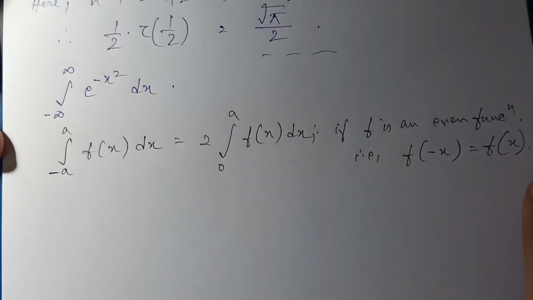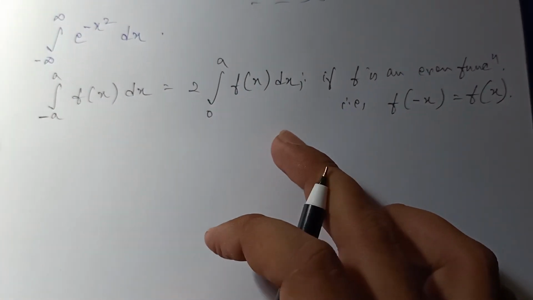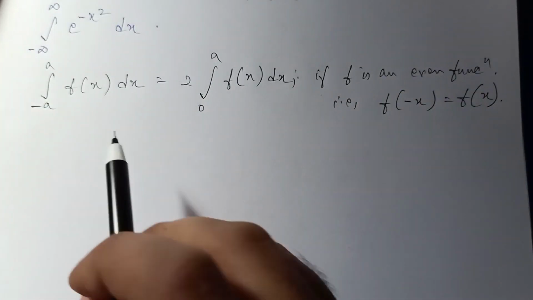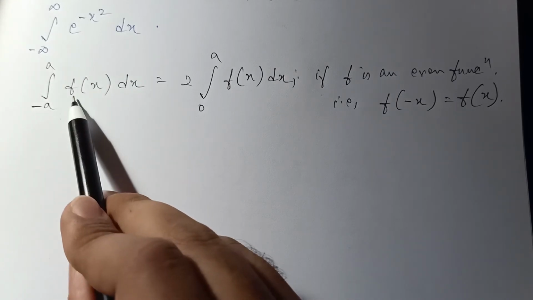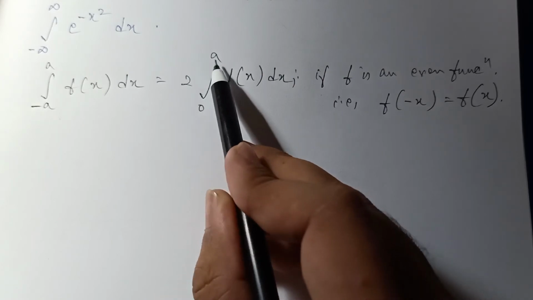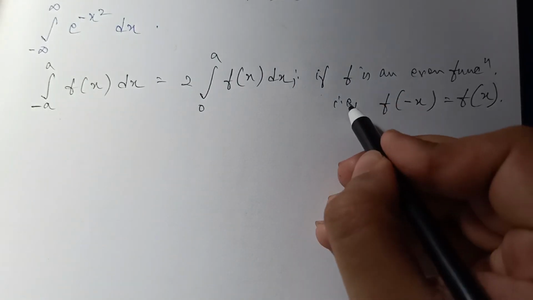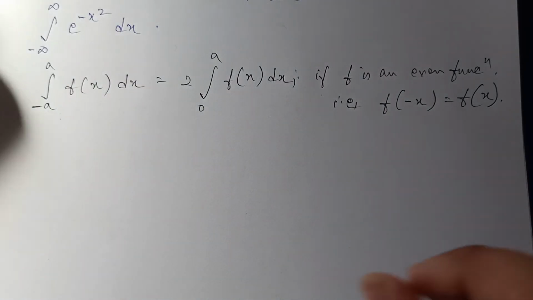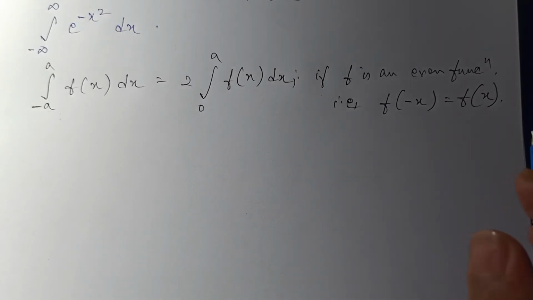You have learned this in the properties of integration. Whenever f is an even function, that is f of minus x is equal to f of x, you will have integration minus a to a f of x dx is 2 multiplied by integration 0 to a f of x dx. You have learned this in your previous class, that is in HS level.